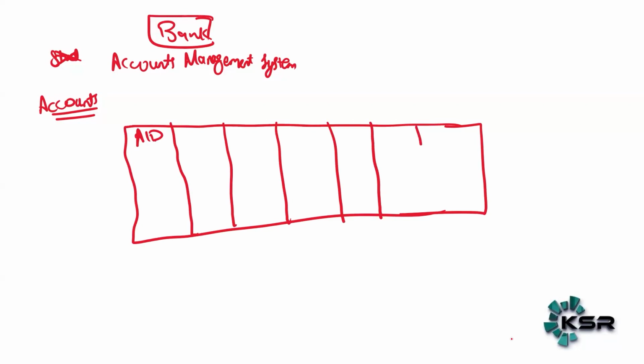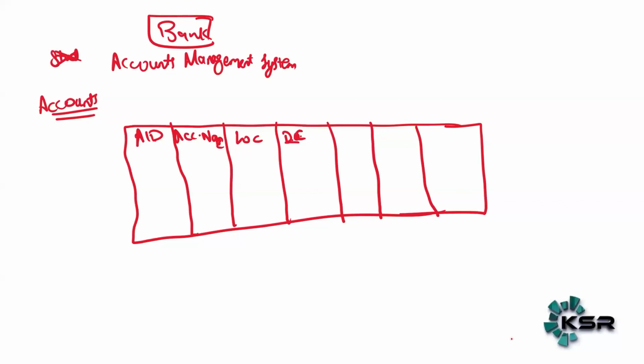Account name. Pardon me for my handwriting. Next. Location. Date of opening, date of creation.